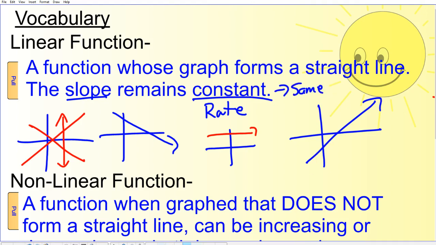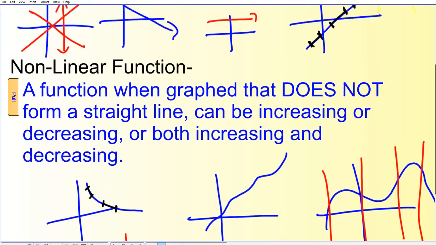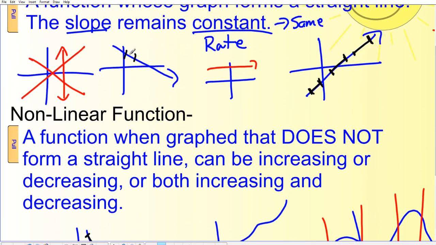On my graph here, the slope here is the same as the slope here, is the same as the slope here. The slope is the same everywhere on here, the slantiness of the line. On my curvy one, the slope here is not the same as the slope here. Look, they're at different angles. Okay? Slope is the same.